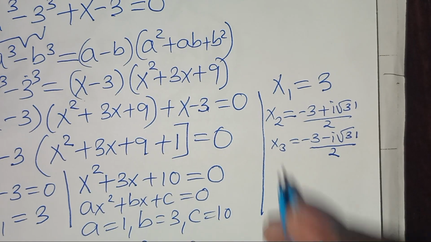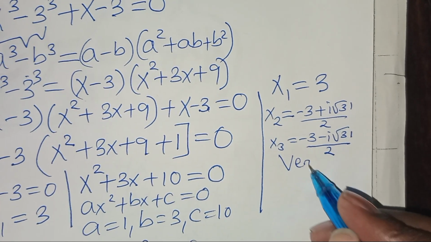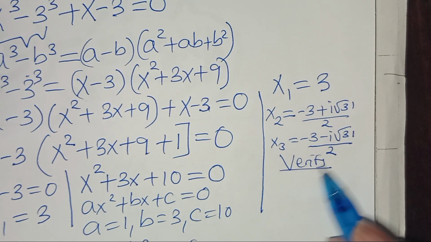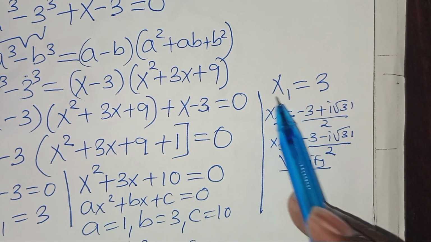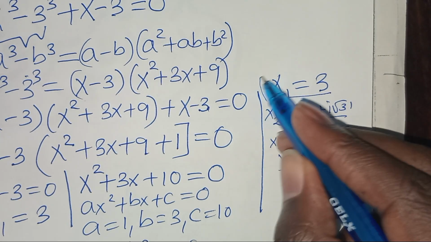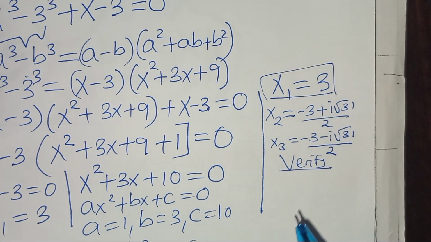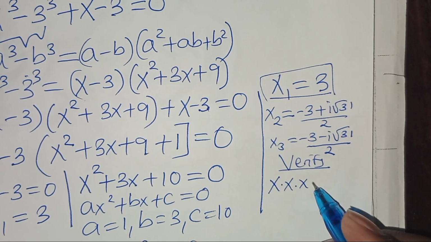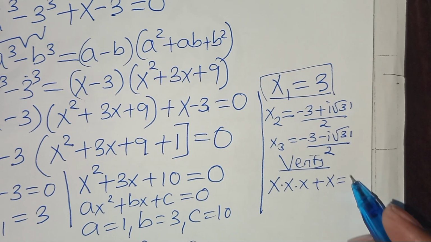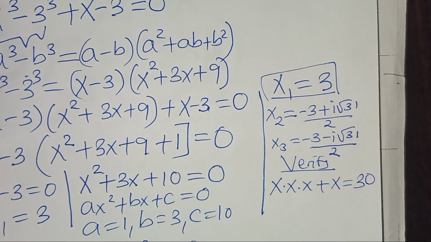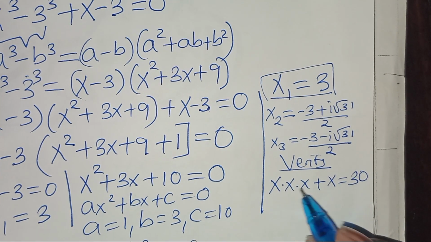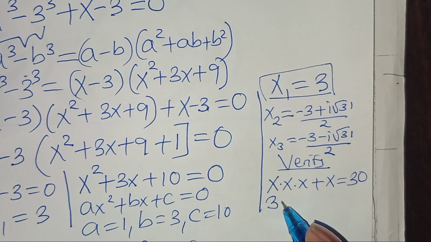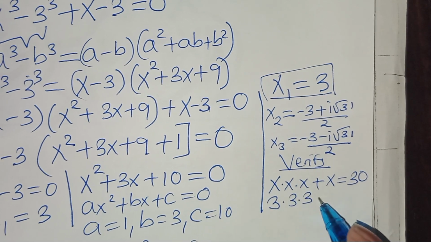Now, the next step: let's verify that x1 actually satisfies the equation. We have x times x times x plus x, which should give us a value of 30. Substituting the value of x, this is 3 times 3 times 3 plus 3.